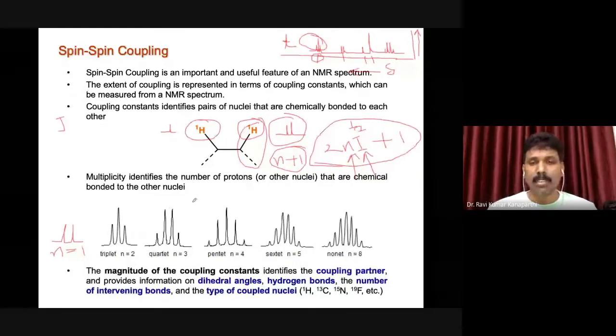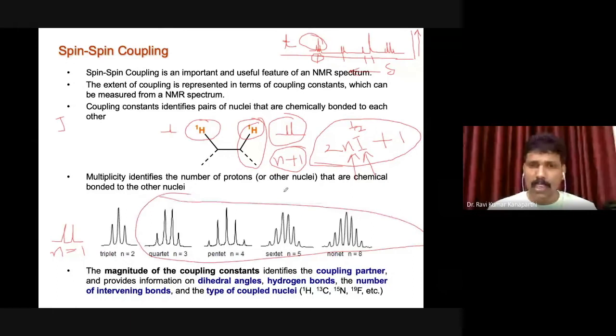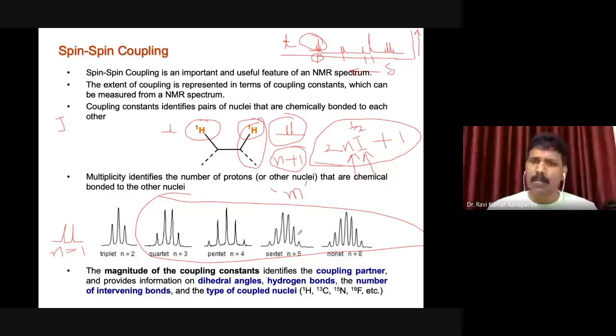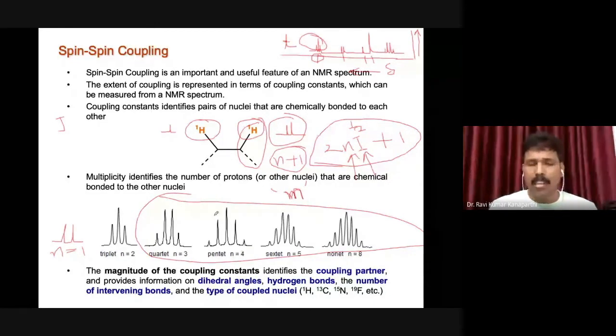In some cases where the second order effects are less, we see a nice fine structure. But in most real situations, we call it M. If you can't really distinguish a quartet or pentet, we call it a multiplet.